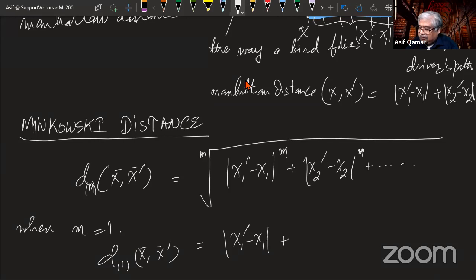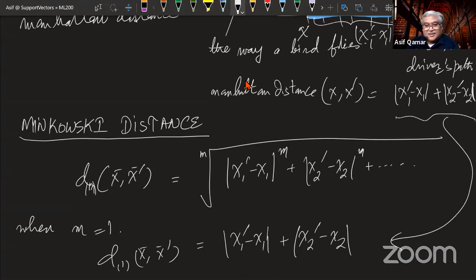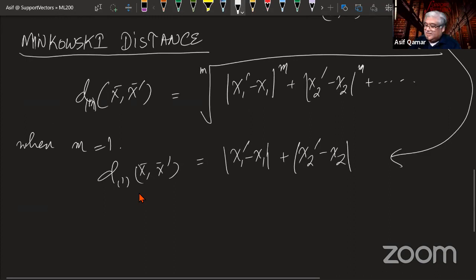So this is the absolute value of x1 prime minus x1, plus the absolute value of x2 prime minus x2. So what does this look like? Is it the same as this guy here? Yeah, Manhattan distance. So when m is equal to 1, it is essentially Manhattan distance.